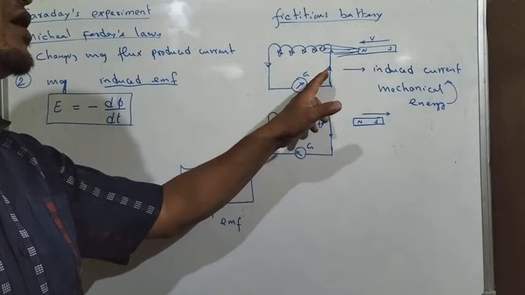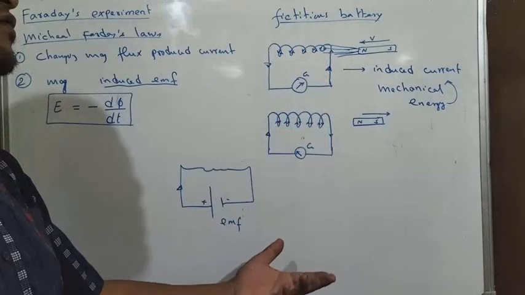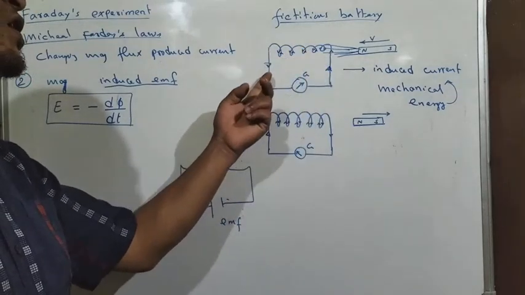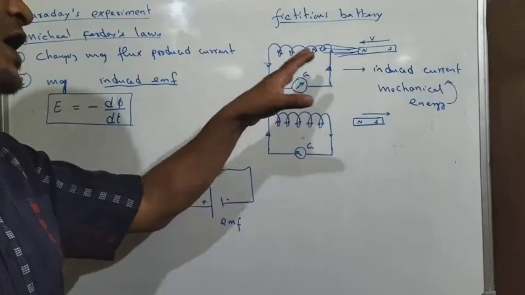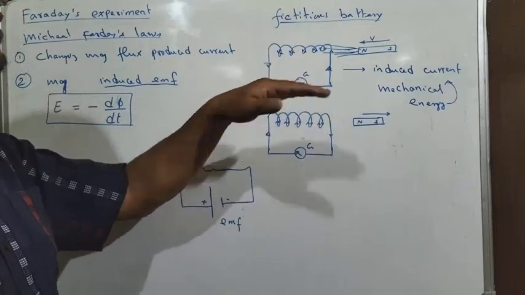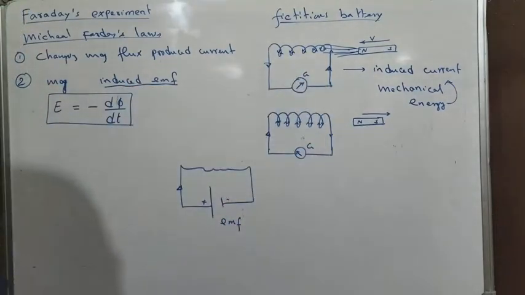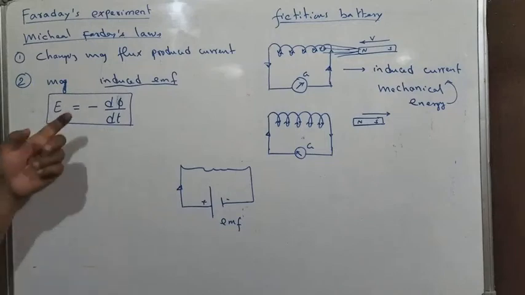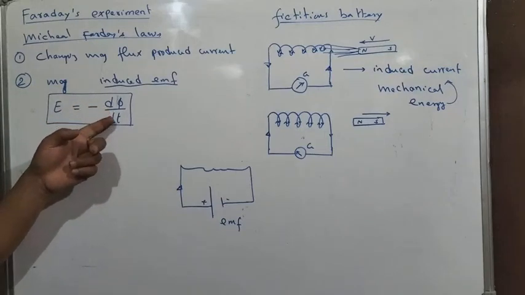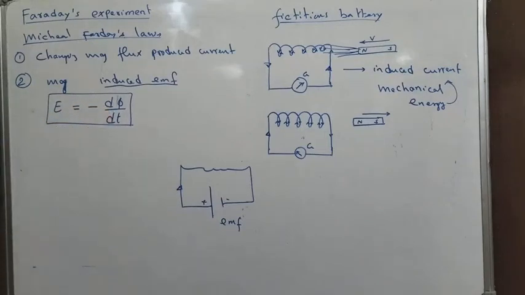But we just imagine that when there is a current, there should be an EMF. And if the current here is induced current, then that EMF which is actually present, though we cannot see it, we name as the induced EMF. And the magnitude of the induced EMF, Michael Faraday says, equals the rate of change of magnetic flux.